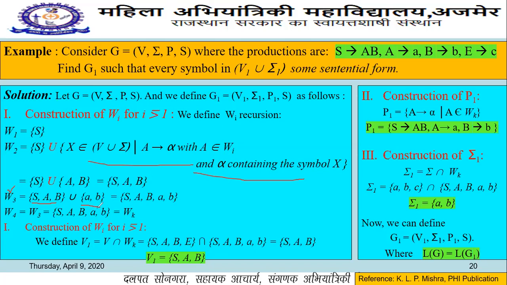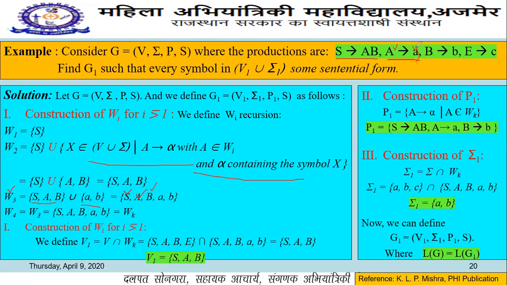So when we look at the productions, first we look at this production, then S, capital A and capital B are already in the set W2. So we choose capital A and capital B like this. Next we go for this production where A is already in W2 and this small a belongs to V union sigma.